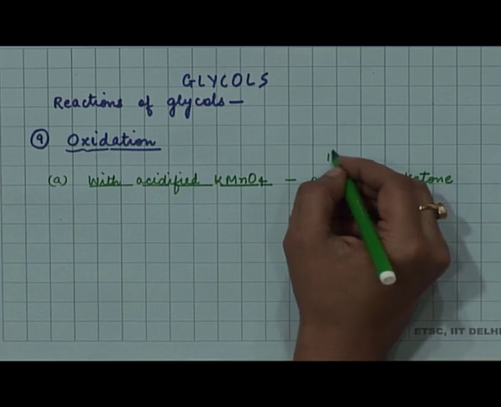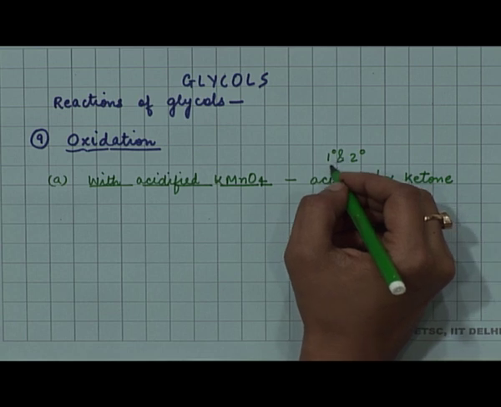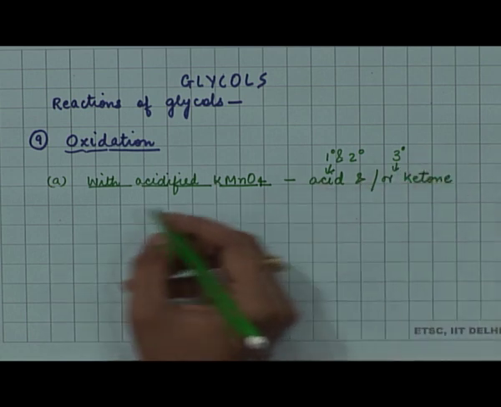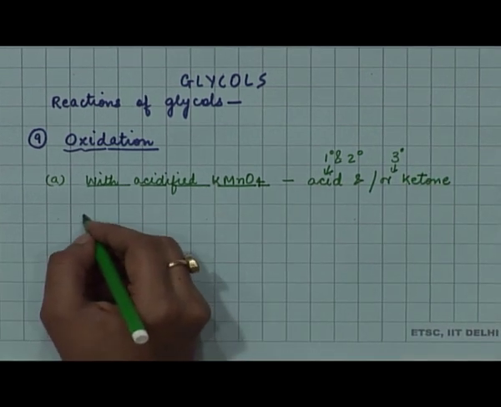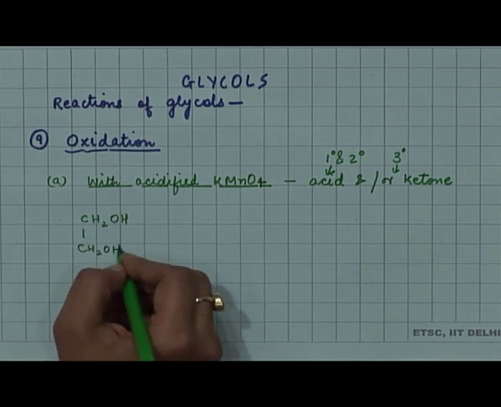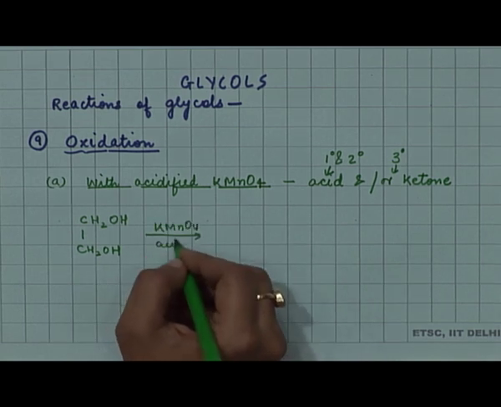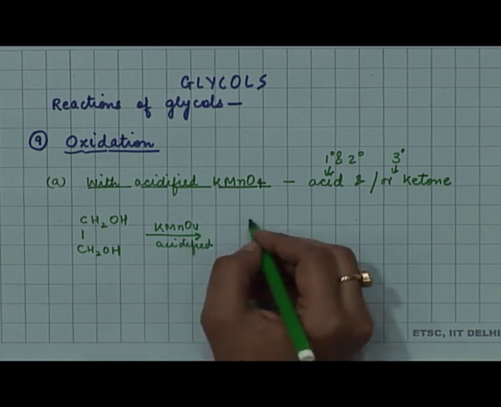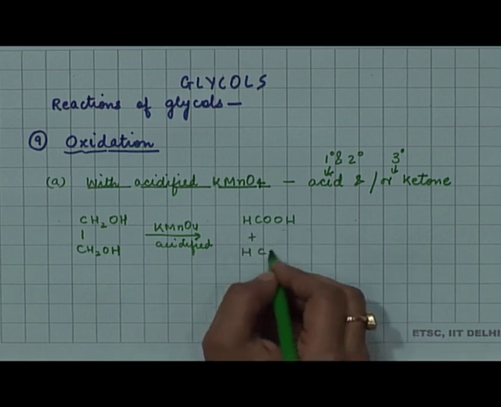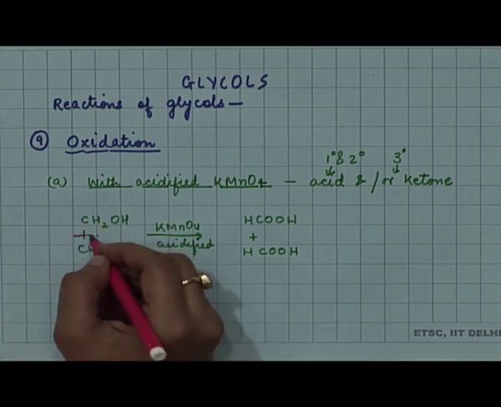So, if you start with a 1 degree and a 2 degree alcohol combination in a glycol, you end up with an acid, and if you start with a 3 degree OH, you get a ketone. In the acidified KMnO4 oxidation of glycols, this is what happens. You treat the glycol with acidified KMnO4 and you end up with 2 moles of formic acid, with the fission taking place between this carbon-carbon bond.